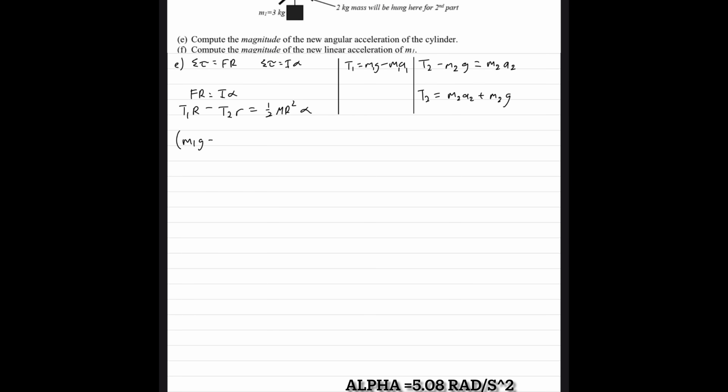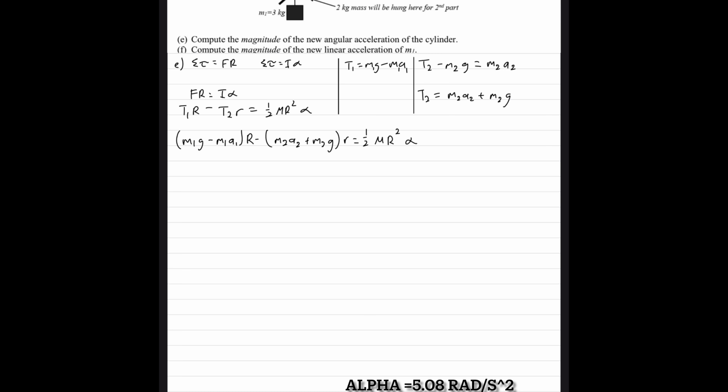M1G minus M1A1, times capital R, minus M2A2 plus M2G, times lowercase r, is equal to 1/2 capital M, the mass of the solid cylinder, capital R squared alpha.